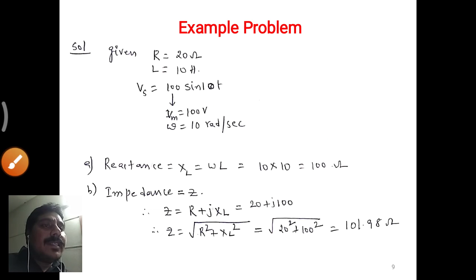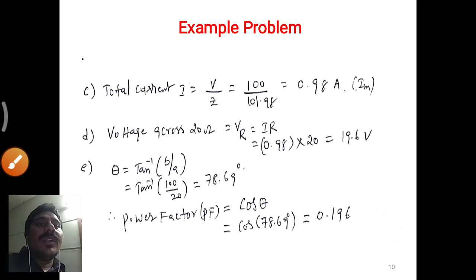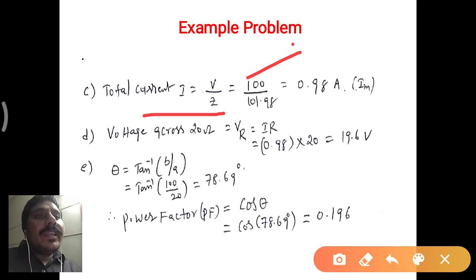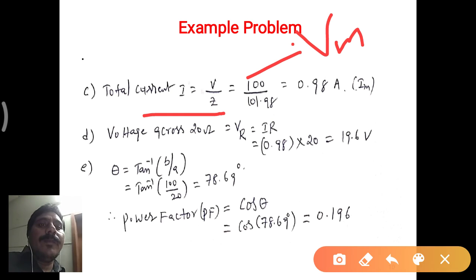Now coming to the C bit, total current. Total current I is equal to V by Z. V is equal to 100 and Z we calculated previously in the second bit, 101.98, so we get 0.98 amperes. Here I am taking the Vm value, so the current is also a peak value.